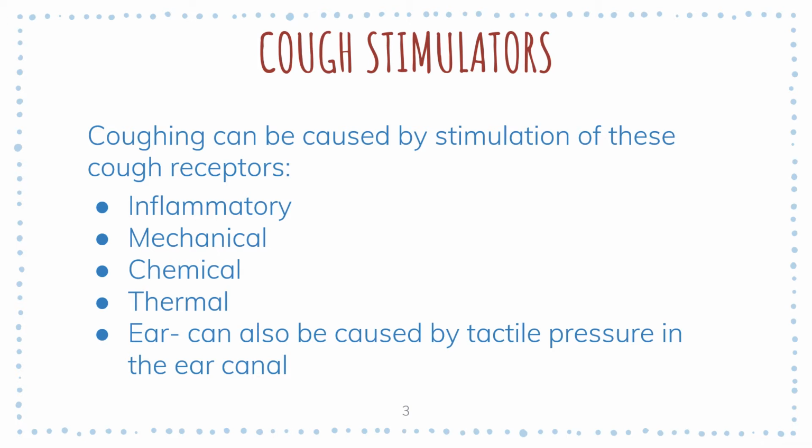So mechanical is something you think about maybe being able to remove, I guess. Chemical would be like inhaling fumes, gases, smoke. Thermal would be hot or cold. Sometimes cold air makes people cough. And then your ear, there can be tactile pressure in the ear canal.